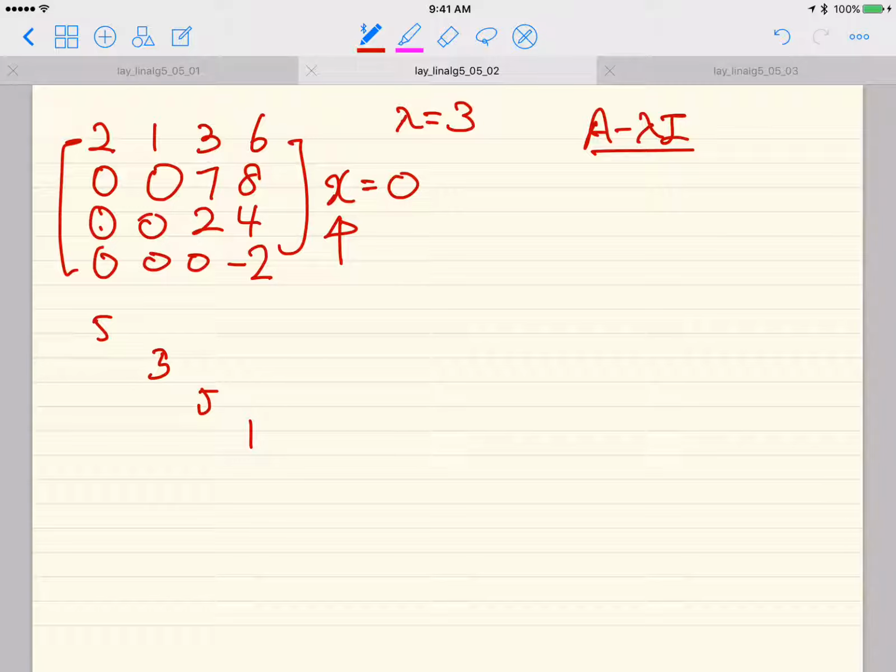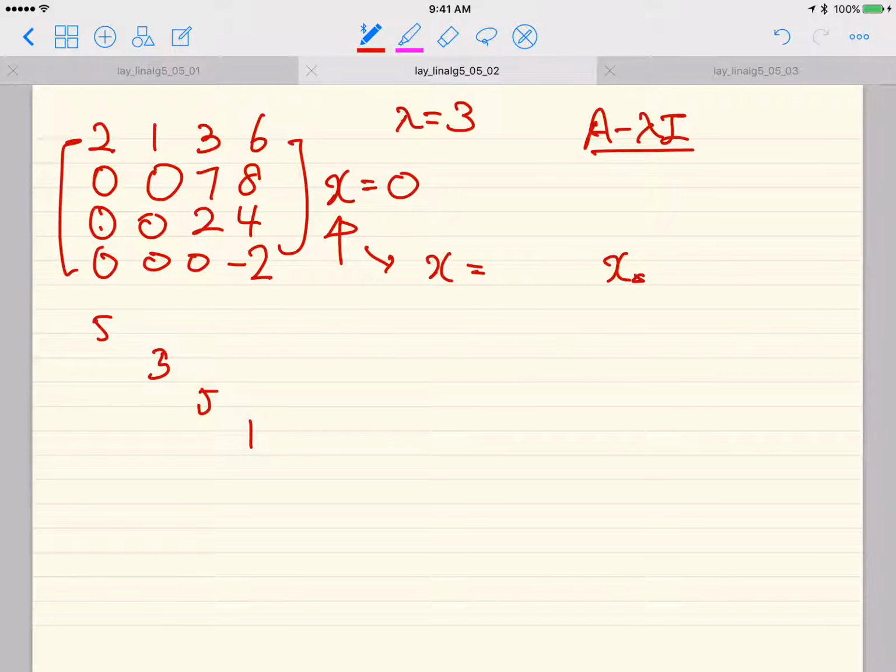And then what is the dimension of the null space in this particular case? The dimension of the null space means, imagine you factored it as some parametric vector form.